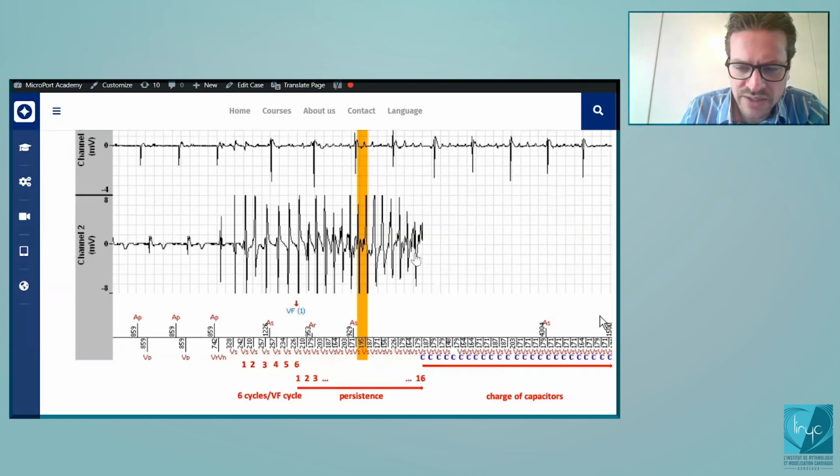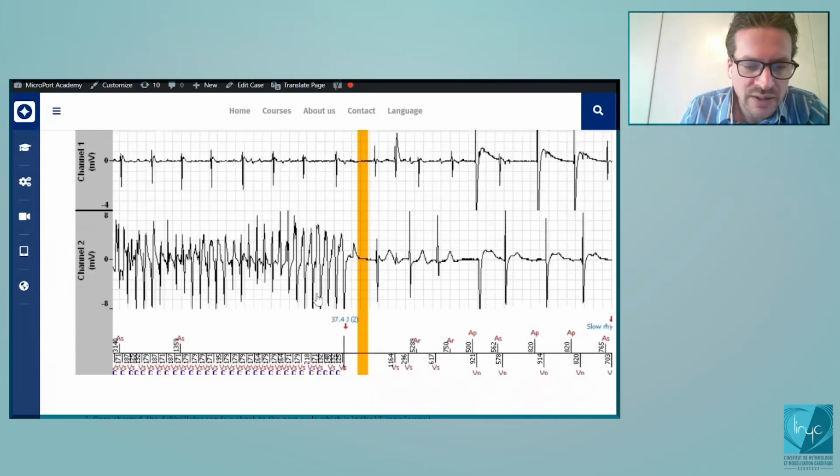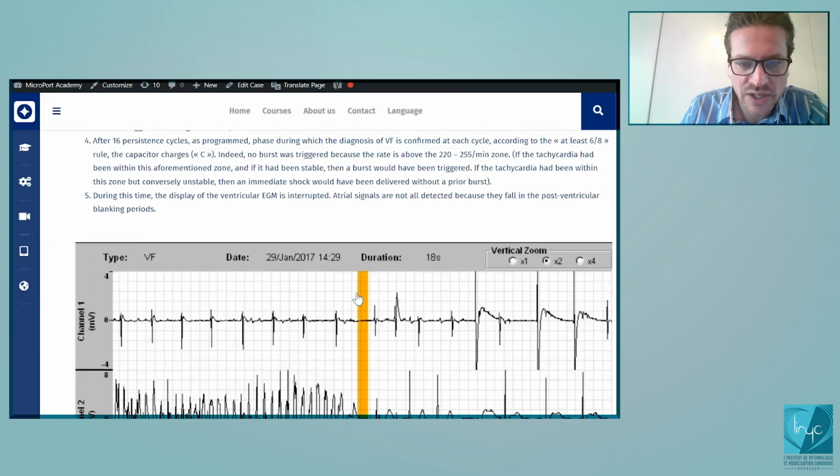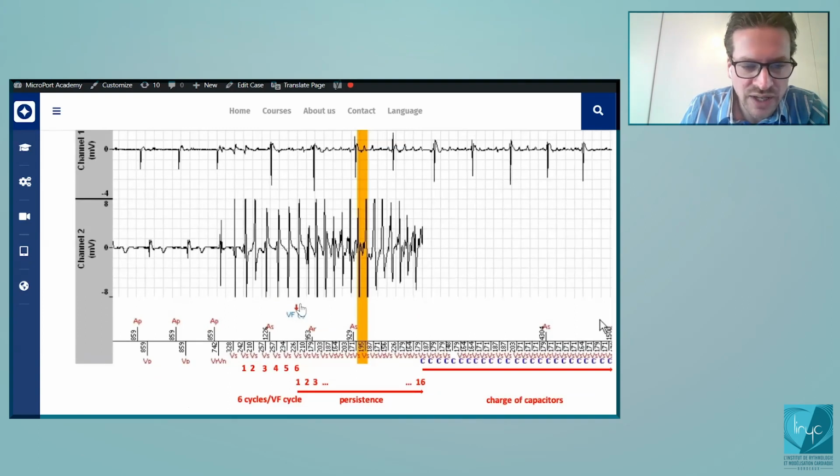Then there is a charge of the capacitors, and at the end, when the persistence is higher than 16, when the cycle on delivery, at the end of the charge, it still has a majority of VF. It's not shown, but actually this diagnosis of VF, this little arrow, is repeated all the time, cycle per cycle, during the persistence, during the charge of the capacitors.